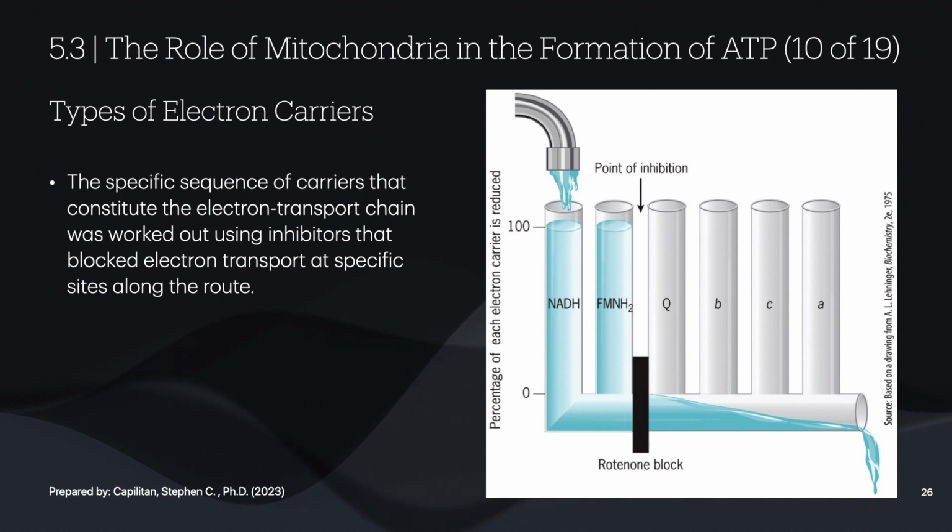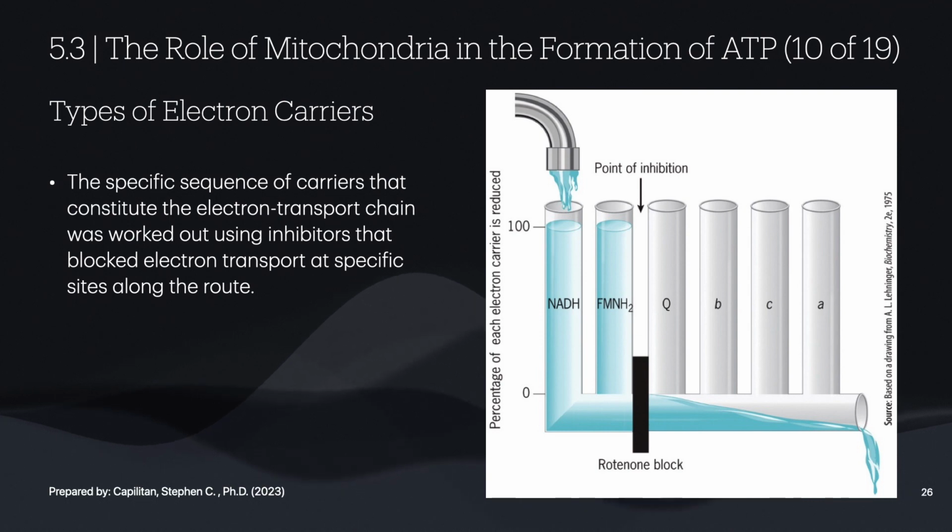So you have here the point of inhibition, and the rotenone block in this experiment is conducted to make use of the inhibitors. Okay, so they will determine the myriad of carrier sequences involved in the ETC.